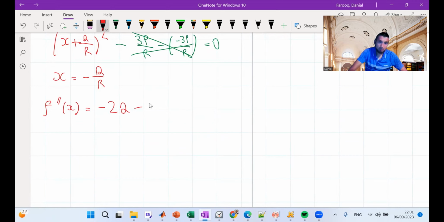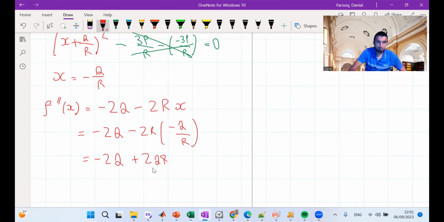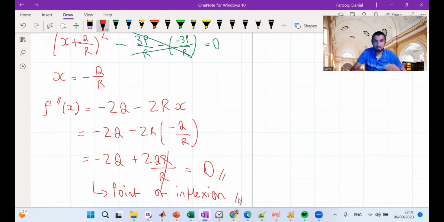Substitute minus q over r into that. That'll be minus 2q minus 2r times minus q over r, which will give us minus 2q plus 2qr over r. Those r's cancel out, and that will give us 0, which means it's a point of inflection. Okay, excellent.